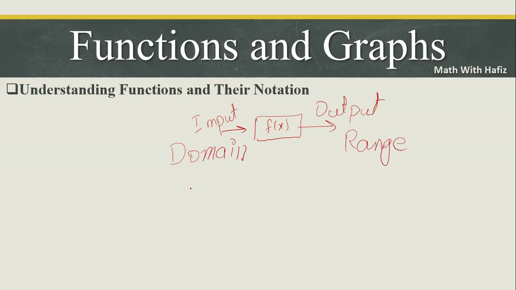You can represent a function as f of x, or you will see p of x, or anything like g of x. It means this is a function of x, this is a function of x, this is a function of x. You can also represent it as f of t, which means we have something in which the variable is t.